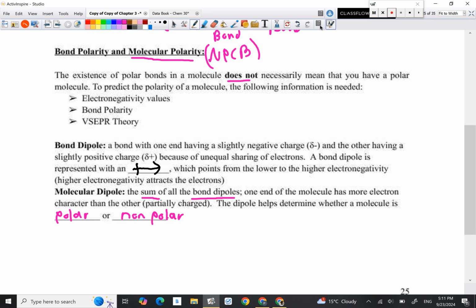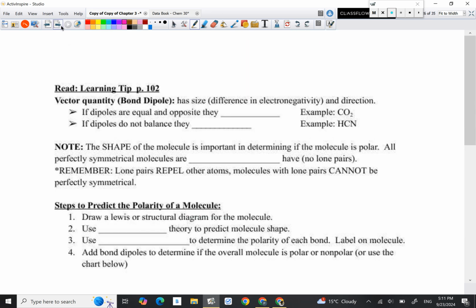So now we're going to get into how that looks: vector quantities and bond dipoles. If you've done physics, this might be bringing in some bad memories, but we're not going to be looking at all of the stuff. If you remember vectors, you learned this in Science 10, they have size and direction, so direction matters. I'm just going to go over the process of how all this ties together.